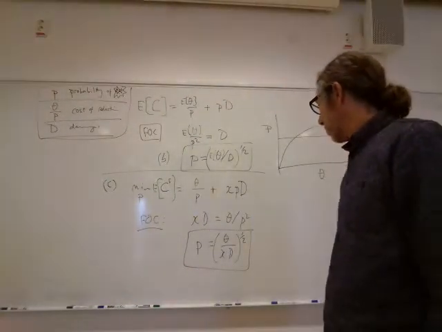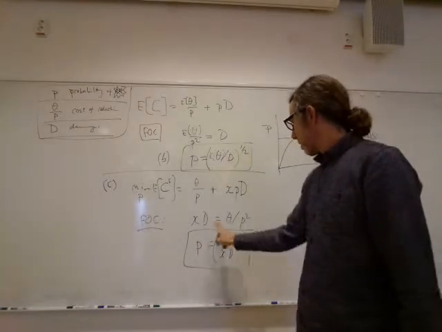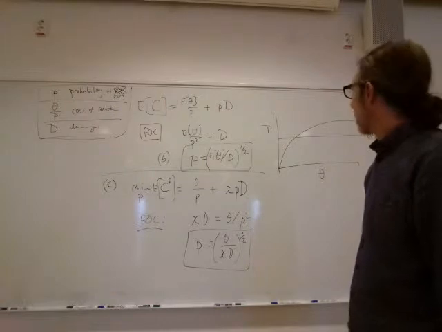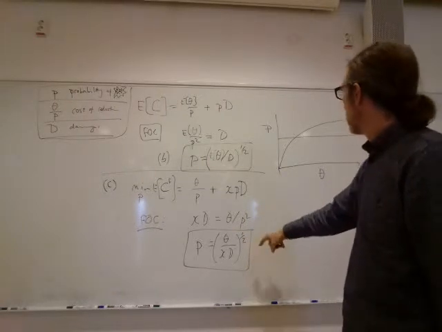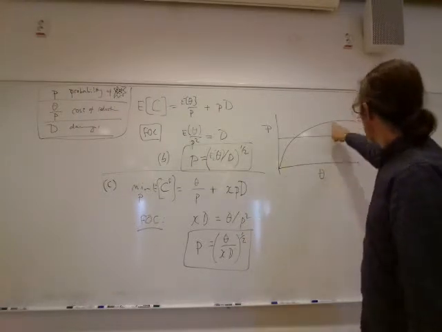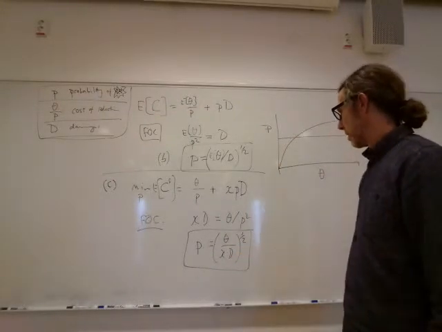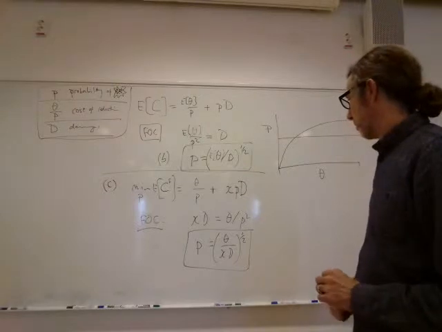The liability rule, we have this. P is theta over D to the half, which is first best, divided by x to the half.